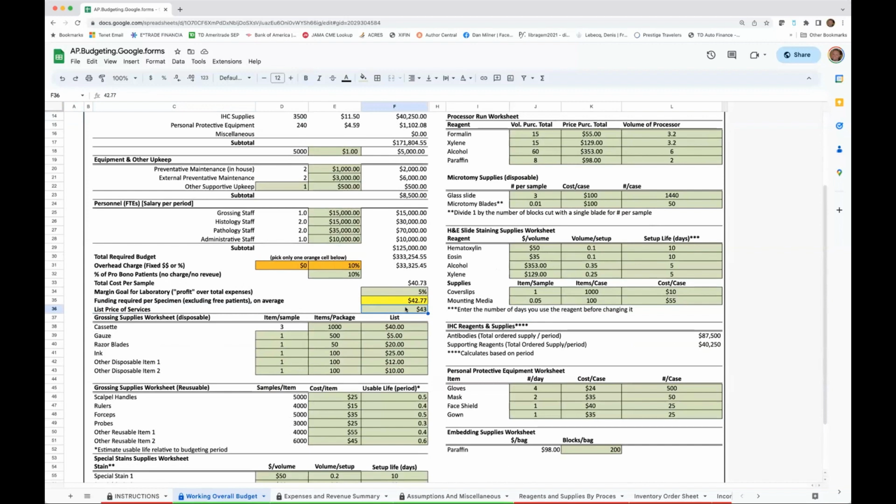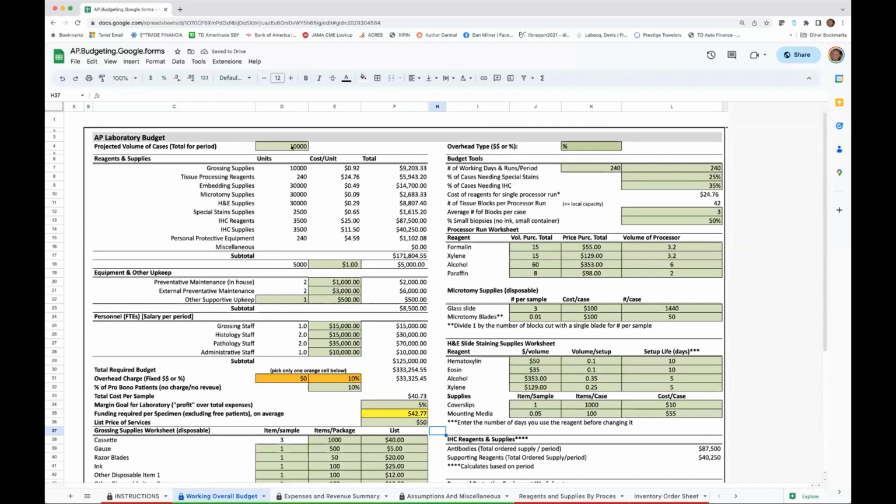Okay, so if we look right here, we see this thing called list price of specimen. So let's say the flat rate that we charge our patients in Nigeria is $50. Okay, let's just put $50 here. So that's what we're charging our patients. And let's say everything else is right in our budget, except that our lab only sees 3,600 patients per year. We only have 3,600 patients coming in.